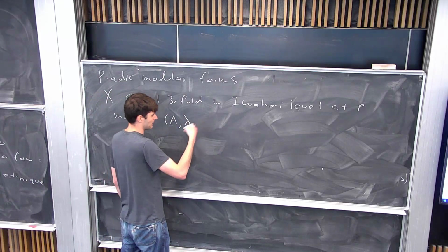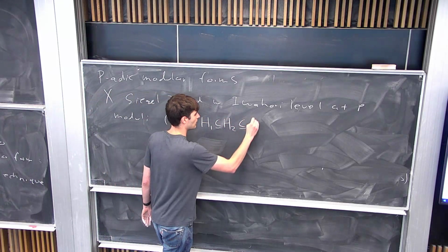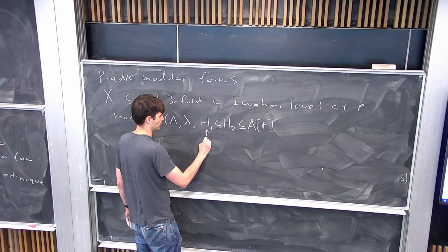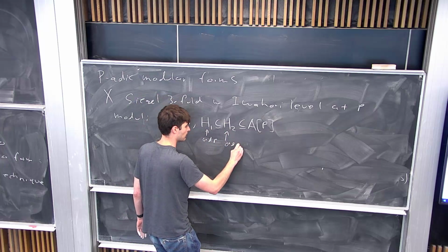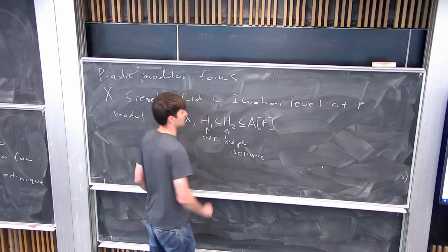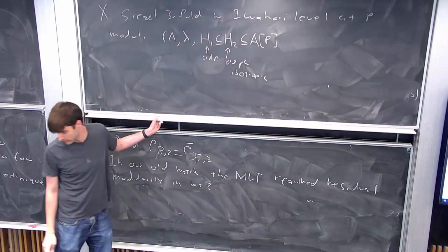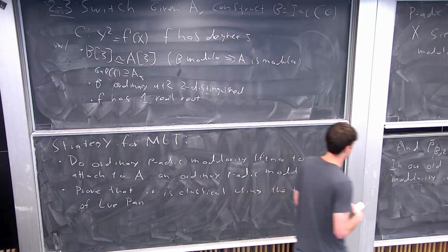And then the level at p is some flag of subgroups inside the p-torsion, where this has order p, this has order p squared, and is isotropic. This is just the usual description of the Shimura variety with Iwahori level. And I'm going to draw a picture just so I can point to this picture and describe where various kinds of p-adic modular forms live.